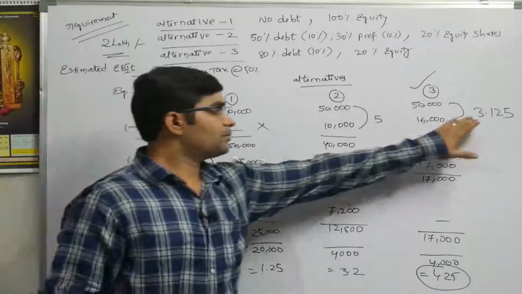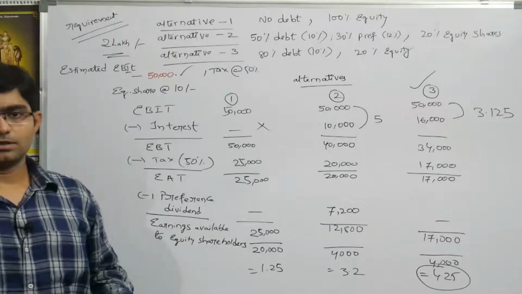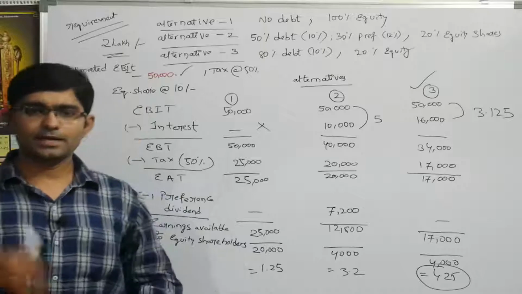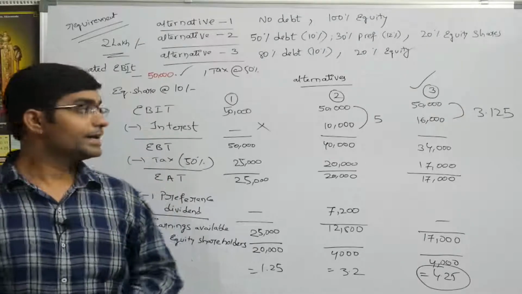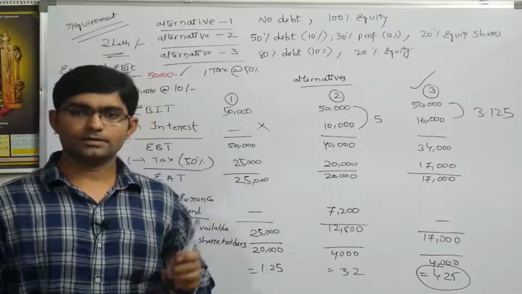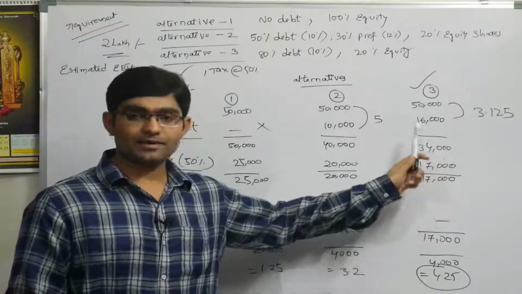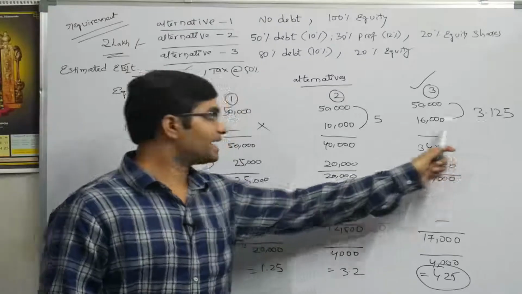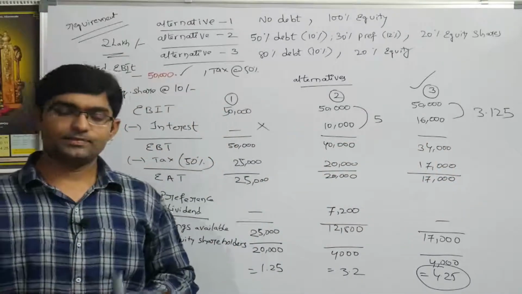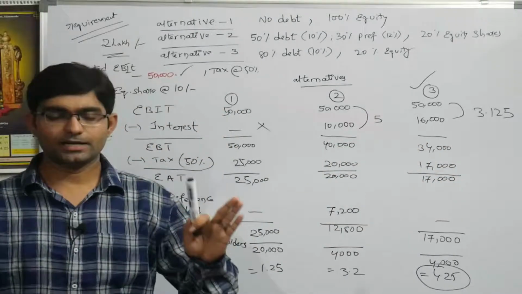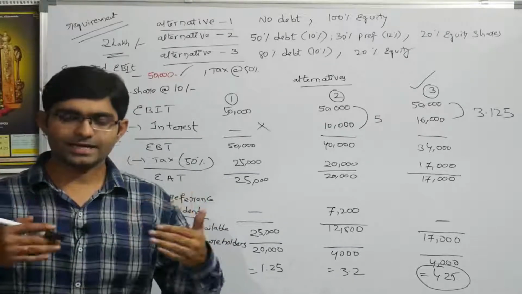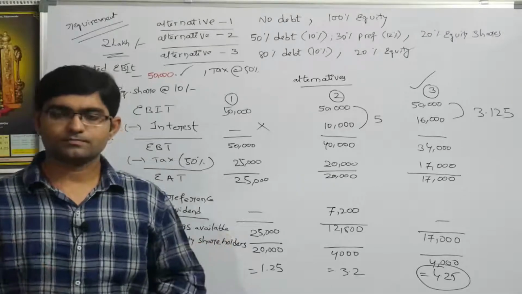Here 3.125 times your EBIT covered the interest. Any ratio more than 1 is good, but if you cover interest more than once, that is 3 times, 5 times, it is better, and you are in a better position to use debt because you are getting cash flows.